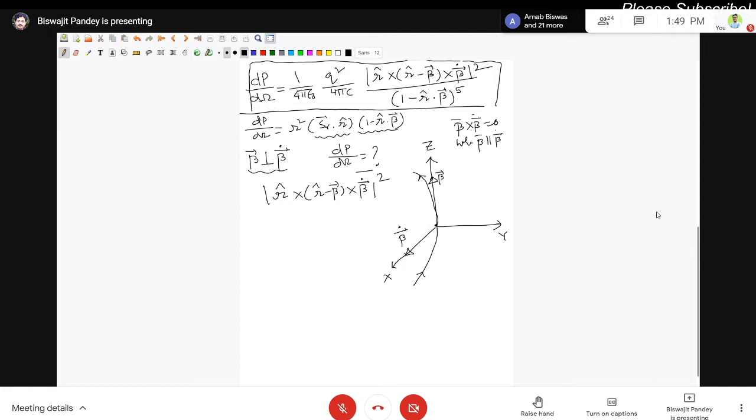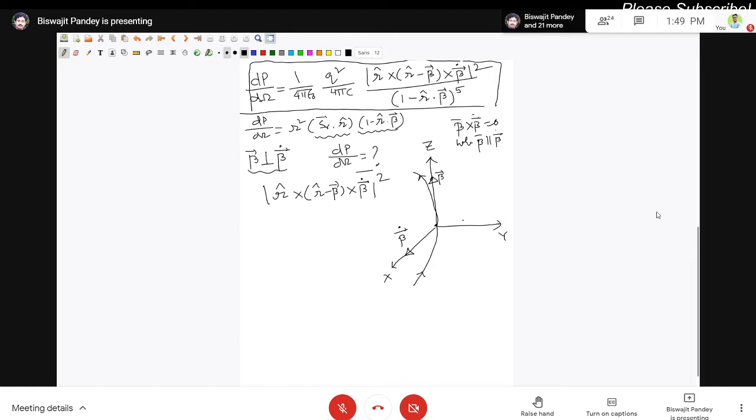And we want to know the angular distribution of the radiation. Now, when you choose a Cartesian coordinate system like this, we have to label the position of any point in space using x, y, z, or r, theta, phi, whatever you like.